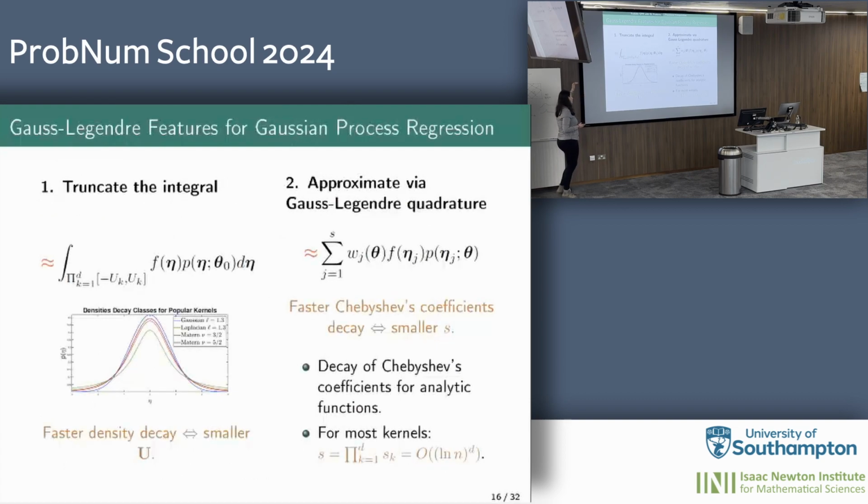So first step, we do this truncation. And in the second step, we take this truncated integral and just apply Gauss-Legendre quadrature to it. And also here, the analysis that we use for the error analysis: we consider Chebyshev expansions, and when you write everything down according to the Chebyshev approximations, the faster your Chebyshev coefficients decay, again, the smaller the number of samples that you need.